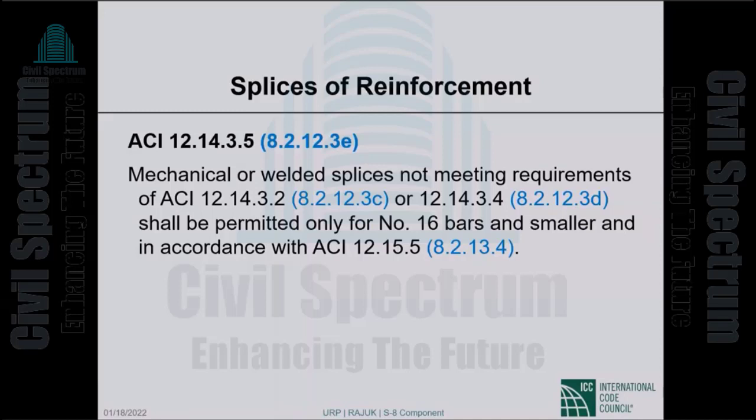So you cannot just do it willy-nilly. It has to be smaller bars, and there are conditions attached. They're pretty onerous conditions. This less than full mechanical or welded splices has been deleted from ACI several editions ago. We don't have them anymore.